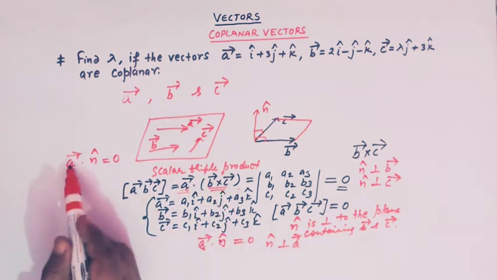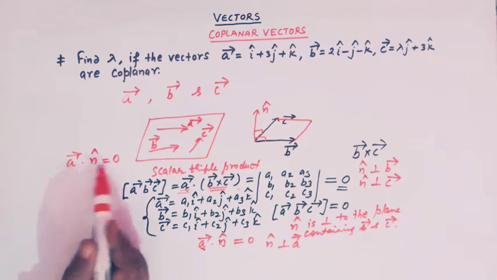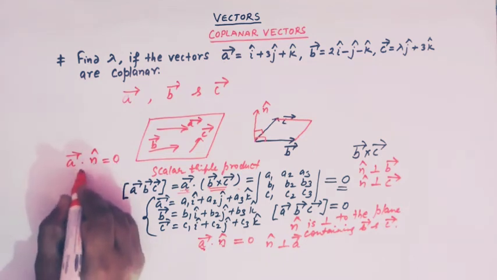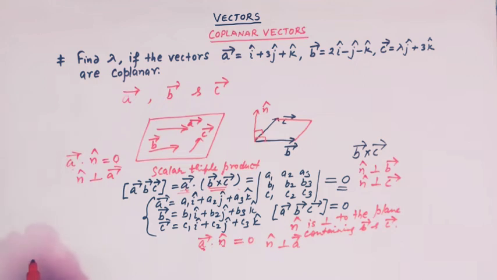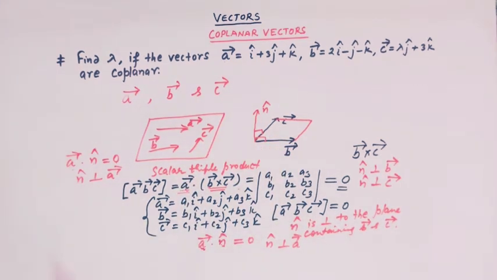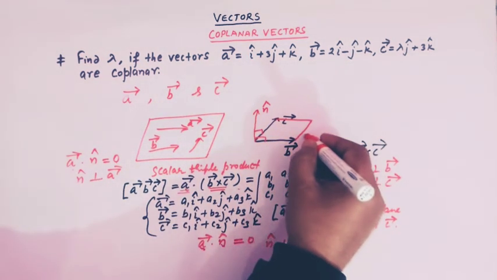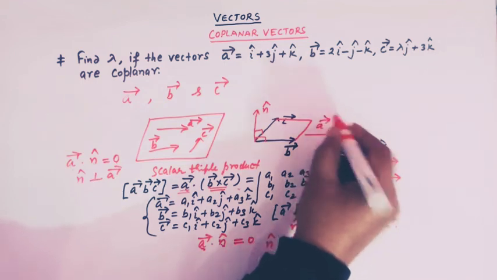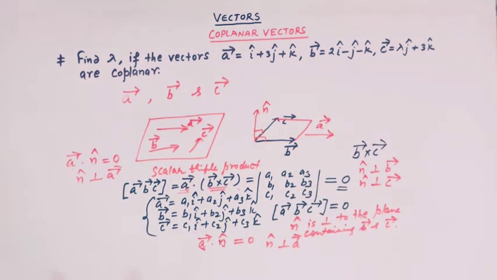So here the dot product of these two vectors is 0, which implies that n cap is perpendicular to vector A, and it further shows that A is also in the same plane where vector B and vector C lie, right? So it implies that A, B and C are lying on the same plane, and thus we can say that the vectors A, B and C are coplanar, right?